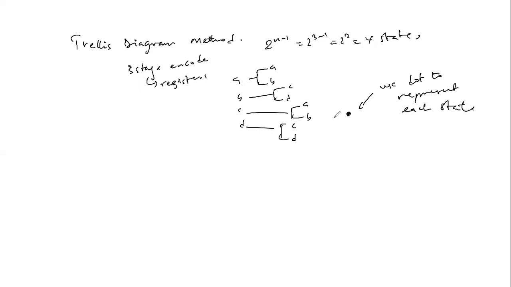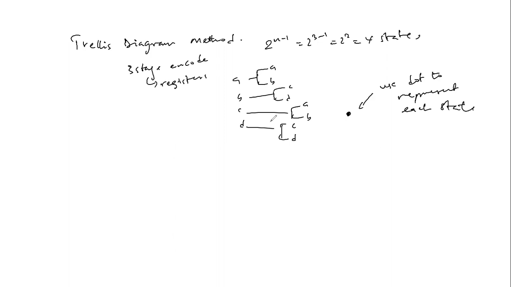And the 2 branches emanating from each dot, the uppermost and the lowermost branches, represent the change that occurs when either a 0 or a 1 enters the shift register, respectively.